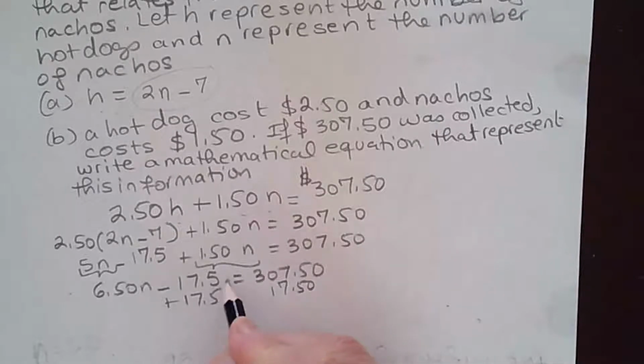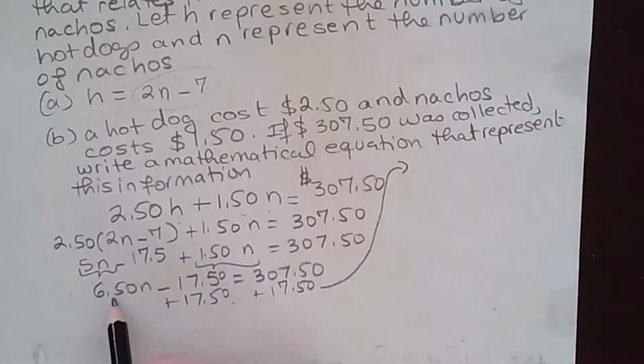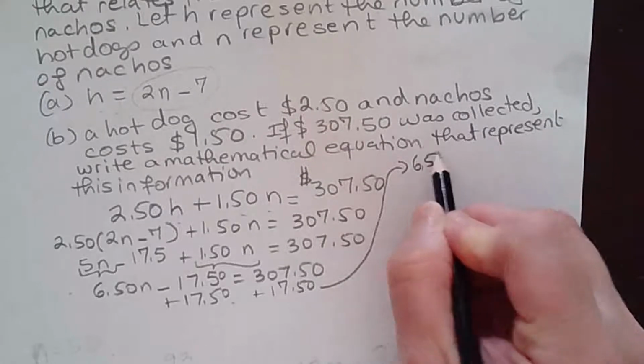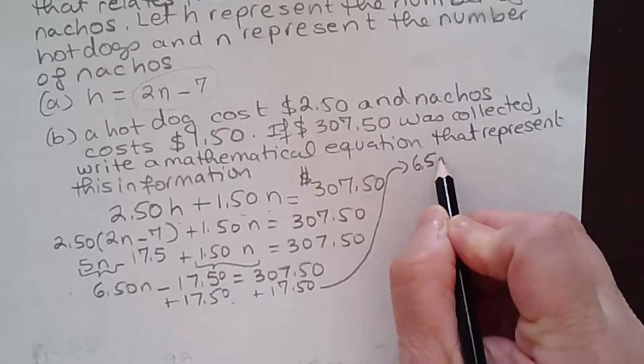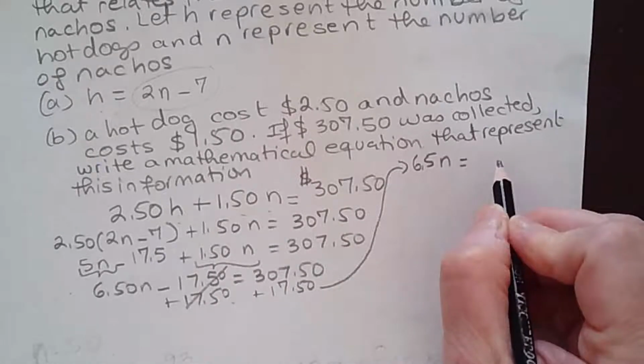You add that to 307.50, and that should give you 325. So let's write it down here: 6.5 n, and this cancels, equal to 325.